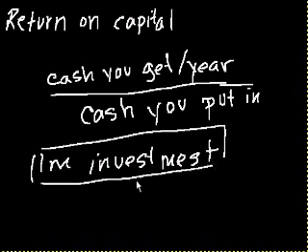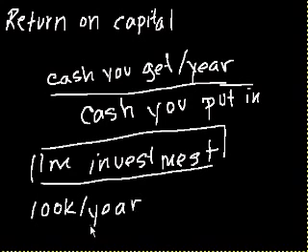And let's say that per year, after paying all the expenses, after paying the utilities, after paying the employees, after repairs and maintenance, and after paying taxes, everything, this restaurant makes $100,000 a year. That's what goes into my pocket.